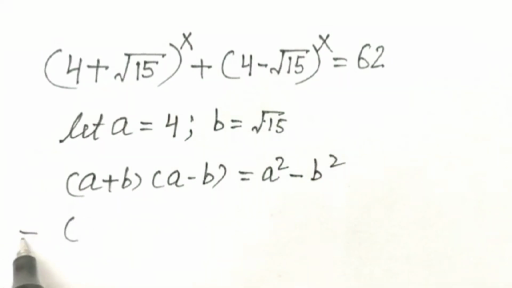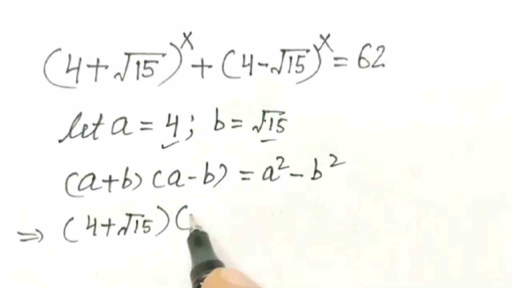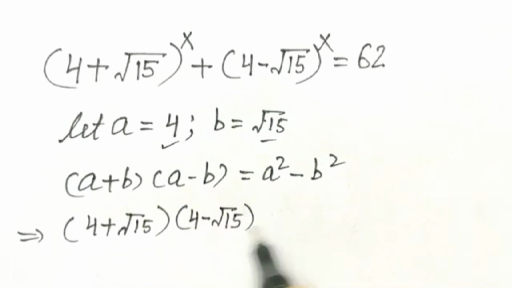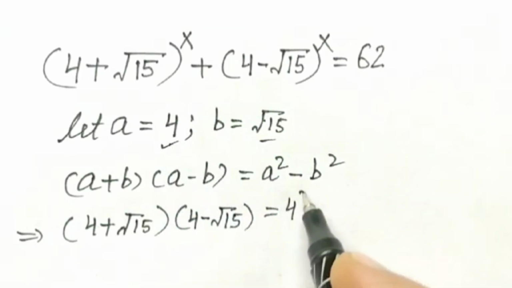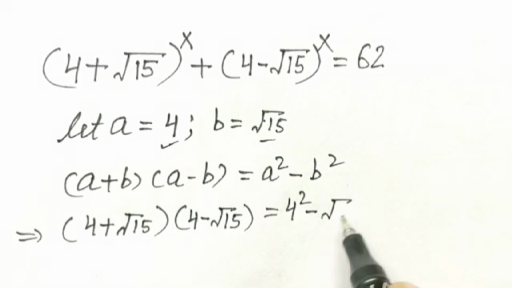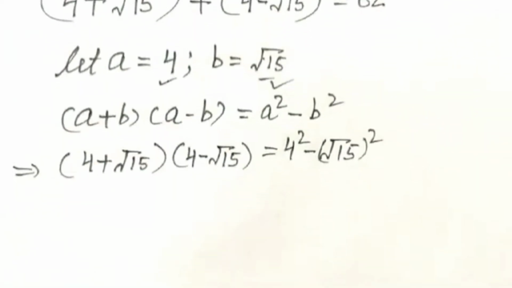So a as 4 plus b as √15, a minus b, 4 minus √15, is equal to a² which is 4², minus b² which is (√15)² = 15.